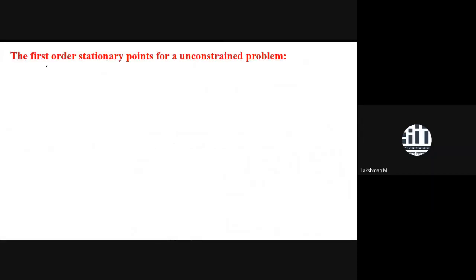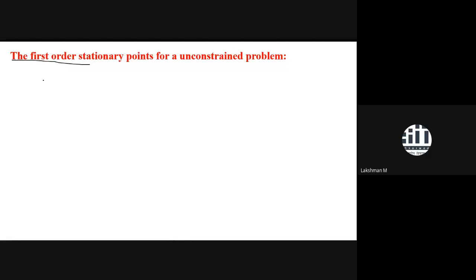I will go on to discuss various stationary points. What are those? First I will discuss first order stationary points. First order means it deals with the gradient, and second order means it would also involve the Hessian. Apart from the gradient, a second order stationary point will involve the Hessian as well.